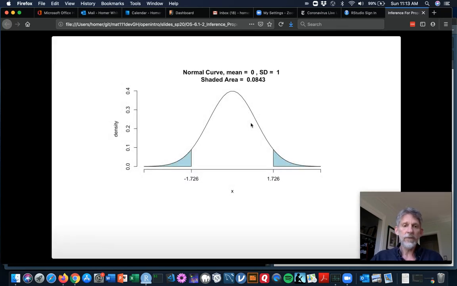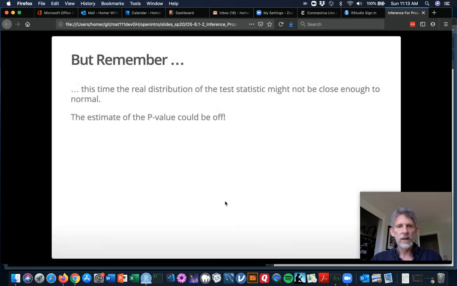So a graph of it, we asked for one, and it's shown here that 8.4% is divided evenly between the area after our test statistic and before minus our test statistic under a normal curve. Just remember, this time we slightly failed the success failure condition.